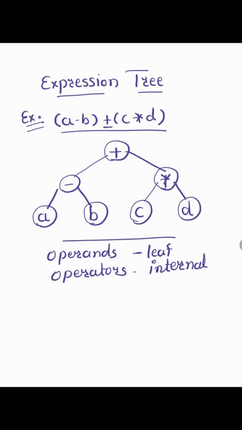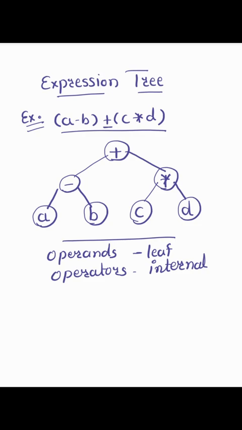So that is a basic concept you need to keep in mind, right? Now this is a very easy example, right? So you can also tell that these are the brackets, so a and b I have kept over here, minus is in between that, so I have kept it as an internal parent node, c d multiplication and this plus. But what if we have a bit longer or a more difficult example?